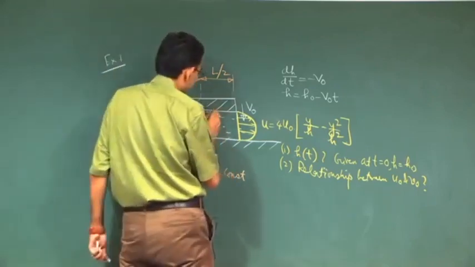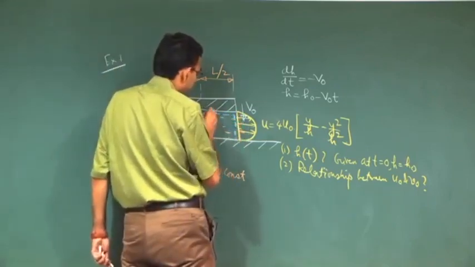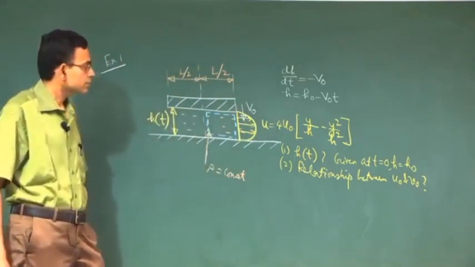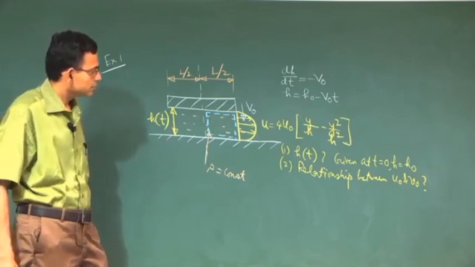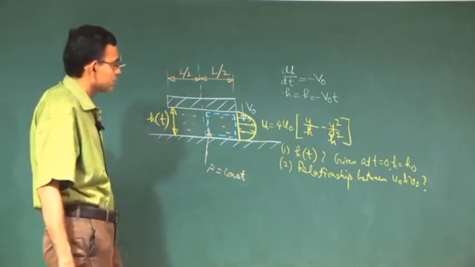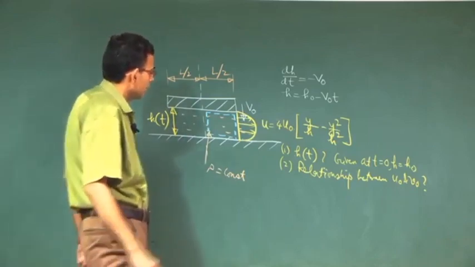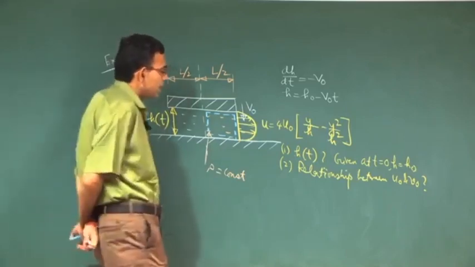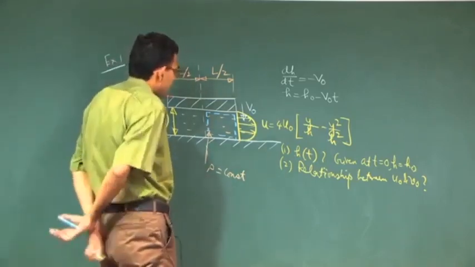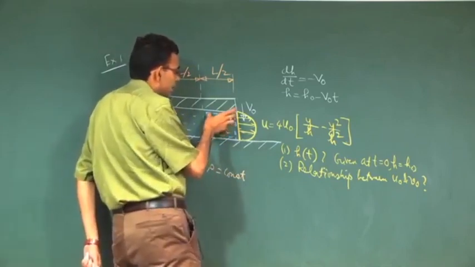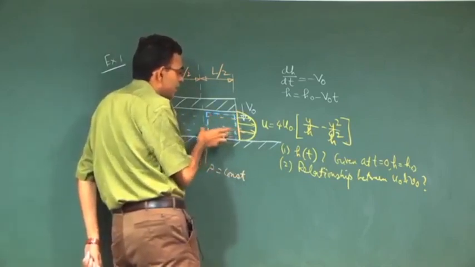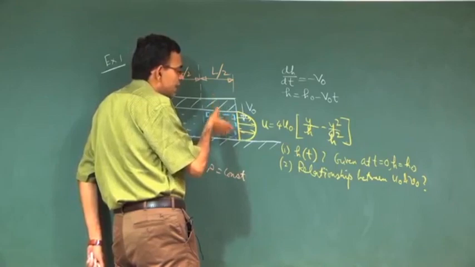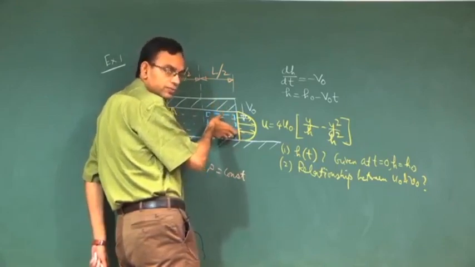So let us make a control volume like this. And in this control volume let us assume that the sides of the control volume, the edges of the control volume, constitute a geometrical dimension which does not change, that means this is a non-deformable control volume.